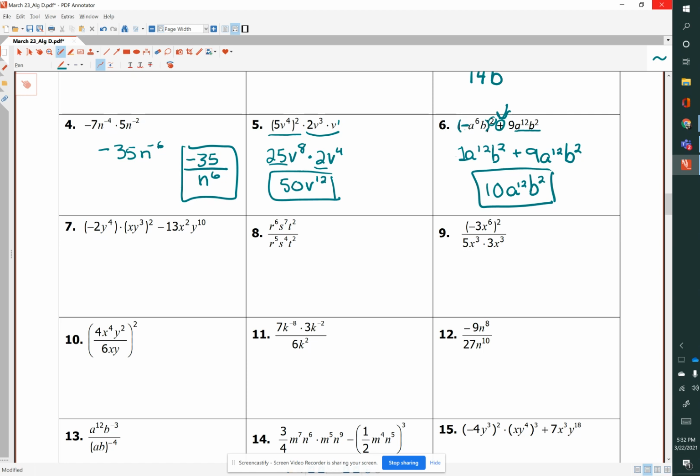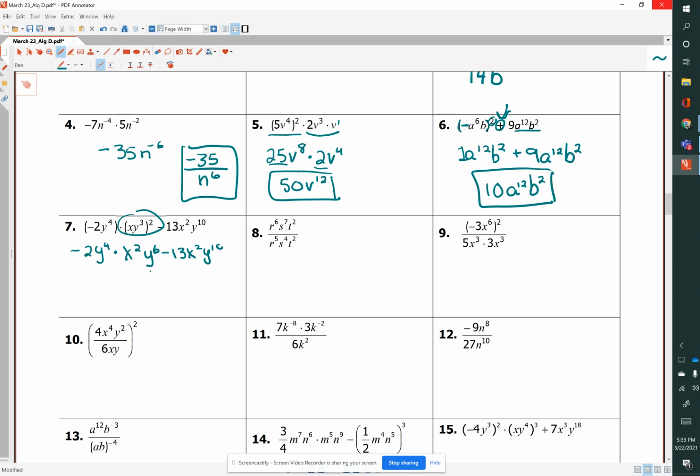Okay, number 7. We have negative 2. We have to do some work on this center part. So we've got negative 2y to the 4th. And remember, the 4 only applies to the y, not to the negative 2, times x to the power of 2, y to the power of 6, minus 13, x to the power of 2, y to the power of 10. So that would be negative 2. I think the way we should do it, we'll do those x squared terms first, okay?